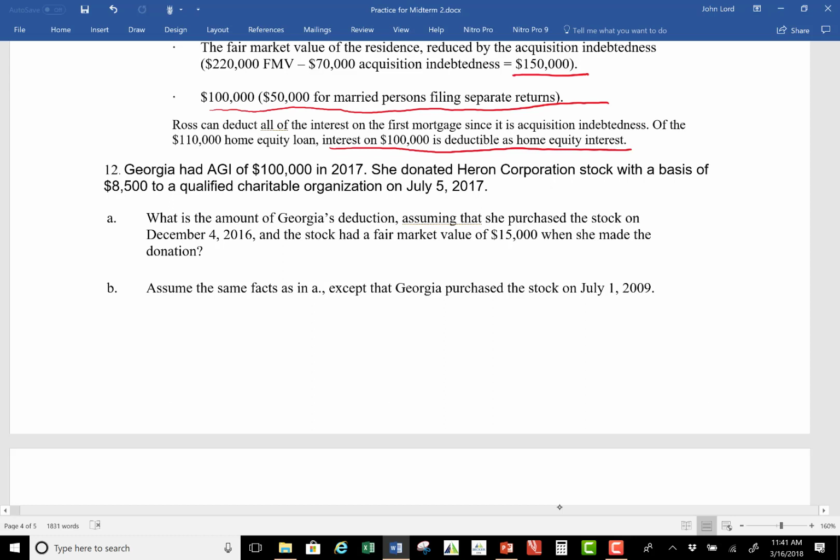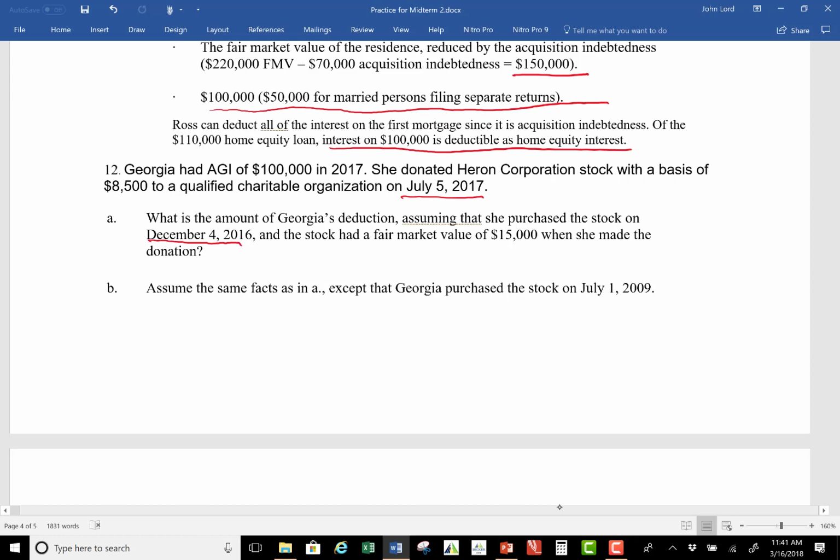Okay, so she has a stock. She has AGI of 100,000. She donated this stock that had a basis of 8,500 to a qualified charitable organization on July 5th, 2017. What amount can she deduct, assuming she purchased the stock on December 4th, 2016, and she's giving it away in the middle of 2017, in July?